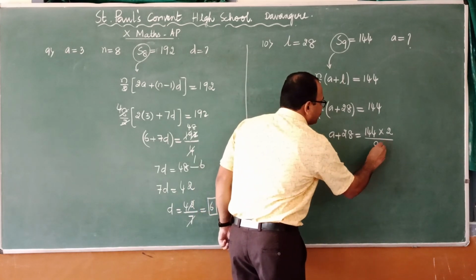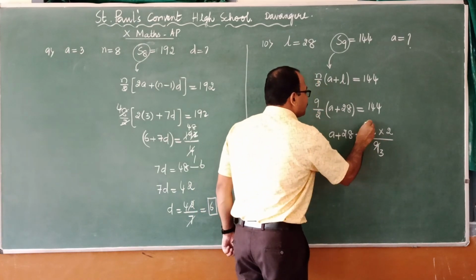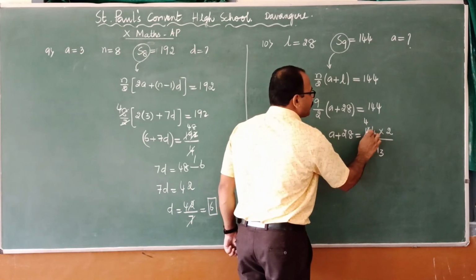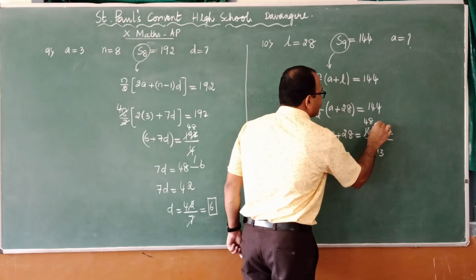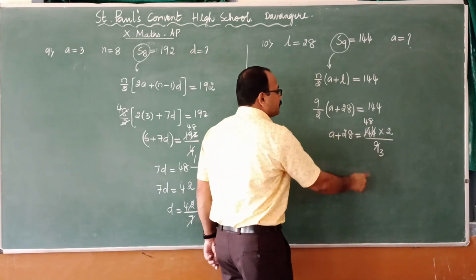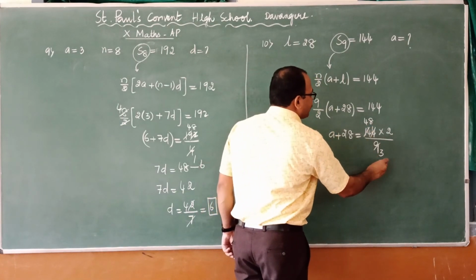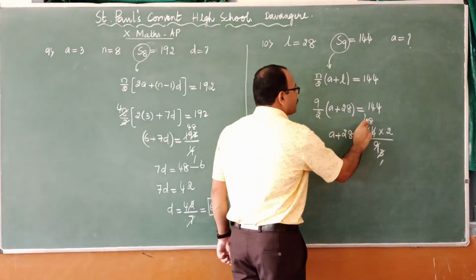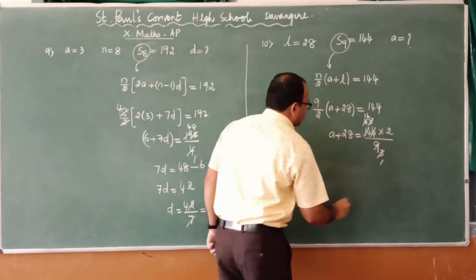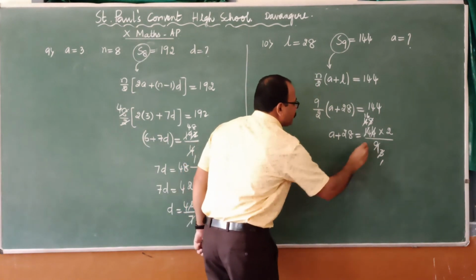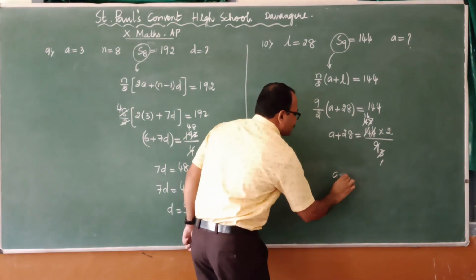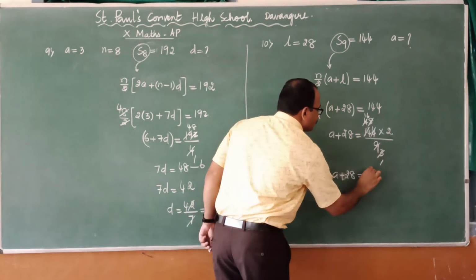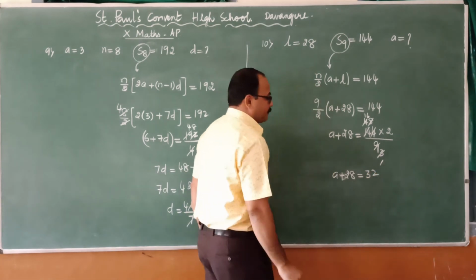Therefore, 3 times 3, this is 4 times 12, carry 2, 24, 8 threes are 24. Again, these two are divisible by 3, children. 1 time, this is 1 four, 1 three is 3, 16. a plus 28 will be equal to 16 twos are 32, children.